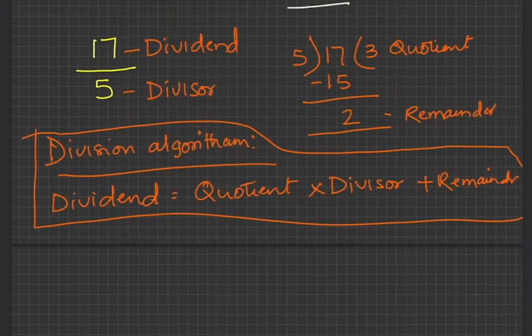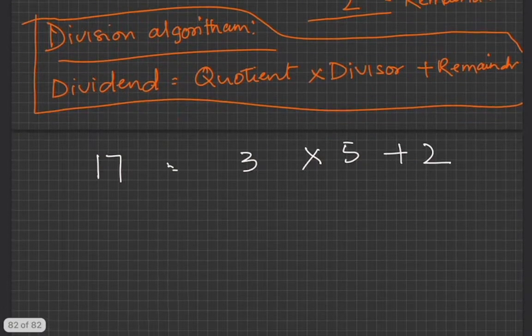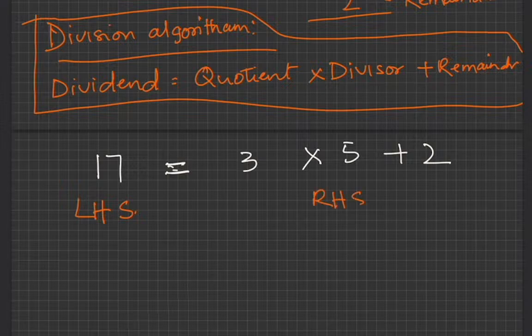Let's do this cross-checking for 17. My dividend is 17, quotient is 3, my divisor is 5, and my remainder is 2. Since I have an equals sign, this is an equation, and this becomes my LHS, the left hand side, and this becomes my RHS, the right hand side.